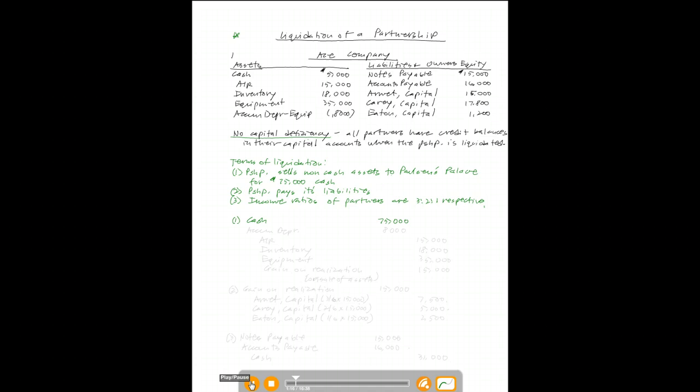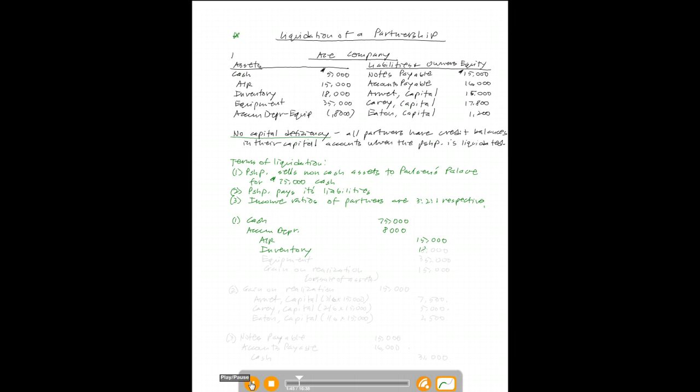So since we're going to list our debits first, we've got to debit the accumulated depreciation to the equipment for $8,000, and then these other three accounts will be credited. So accounts receivable is credited for $15,000.